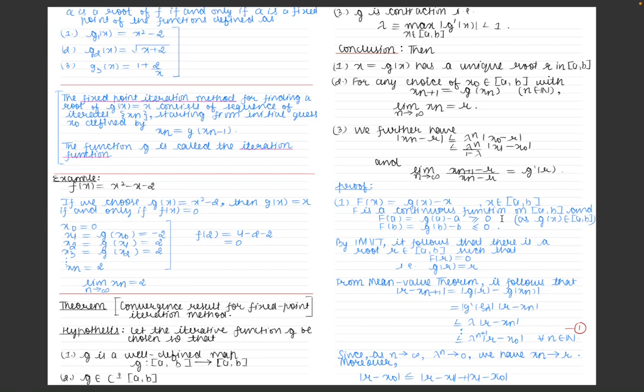So f is a continuous function on [a, b], and what is f of a? f of a is g of a minus g of b, and because g is a self map from a to b, the maximum it can go to is b.